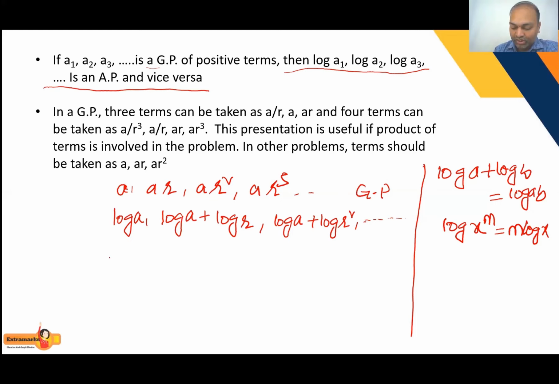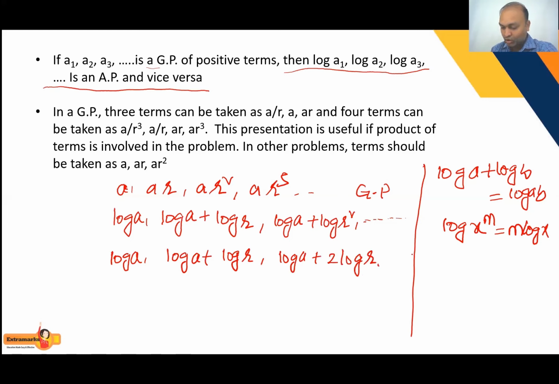Okay, one more step. This log a as it is I am writing, comma, next log a plus log r, comma, log a plus 2 times log r, and so on.